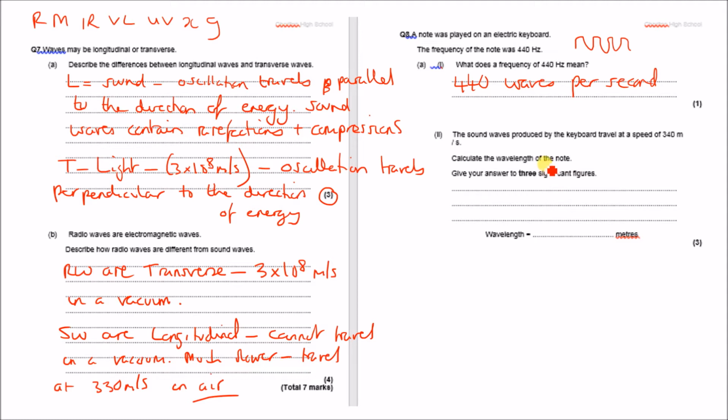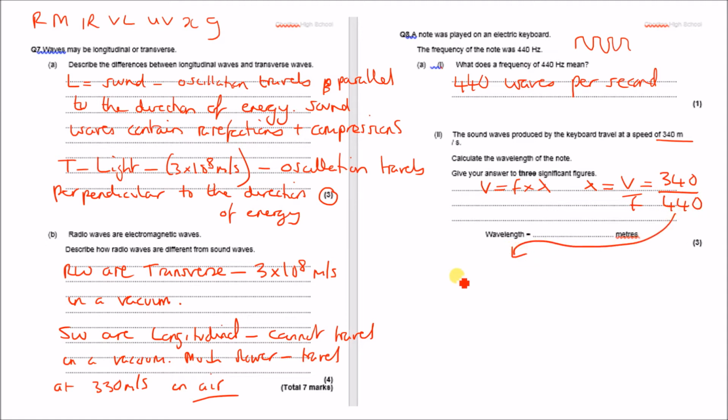Calculate the wavelength of the note. Well, we know that v is equal to f times lambda, and this time we're trying to find the wavelength, which is lambda, so that must be equal to v divided by f. The speed is 340 meters per second, and we're going to divide that by the frequency in the question above, which is 440.